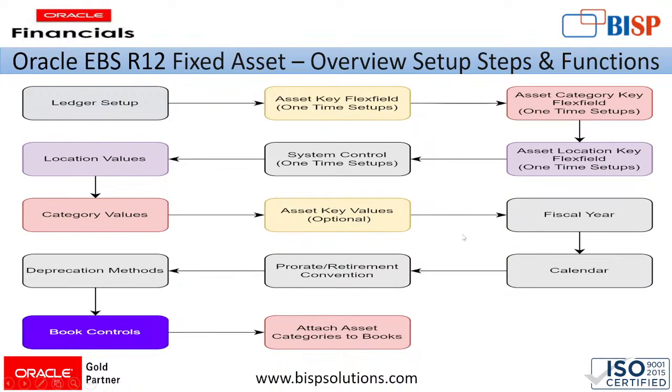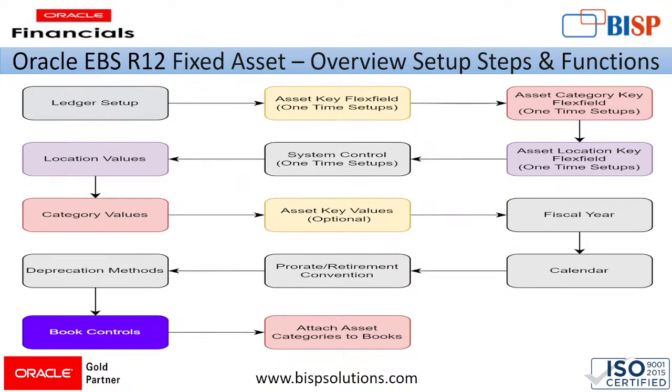First, ledger setup is required. Then, as you know, in GL there is the general ledger accounting flexfield. Out here there are three key flexfields: the asset key flexfield, the asset category key flexfield, and the asset location key flexfield. These are one-time setups.